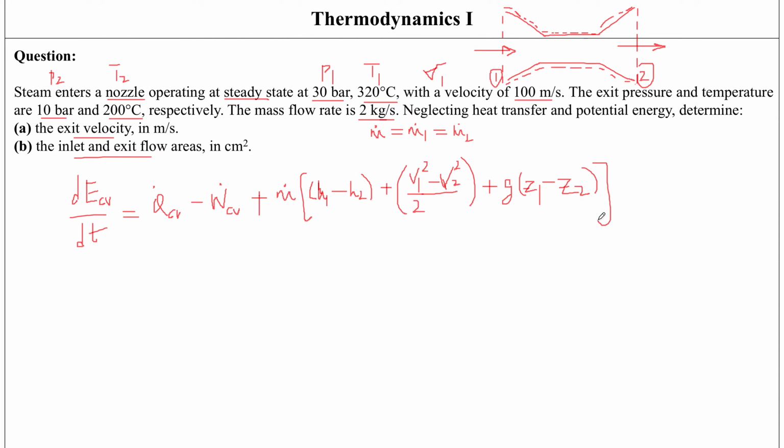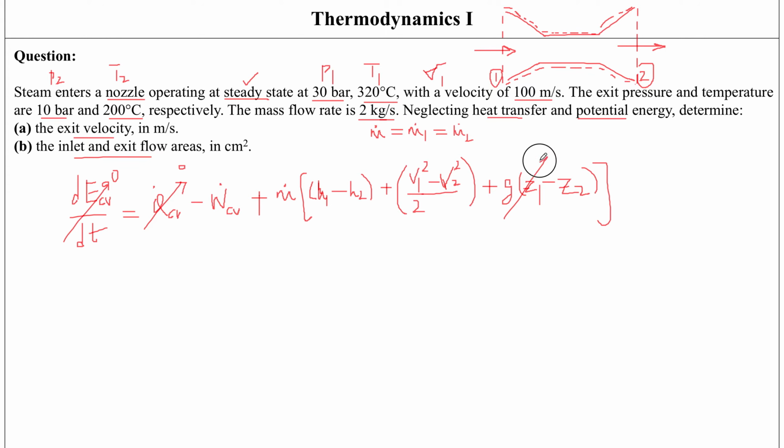Okay, so from here you're neglecting heat transfer, that's why this is going to go out, but most importantly this is going to go out because this entire process is taking place at a steady state. You've got no potential energy changes, so you're neglecting that too.